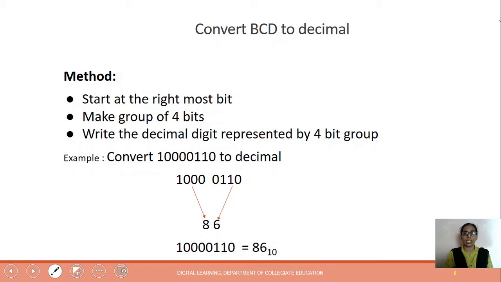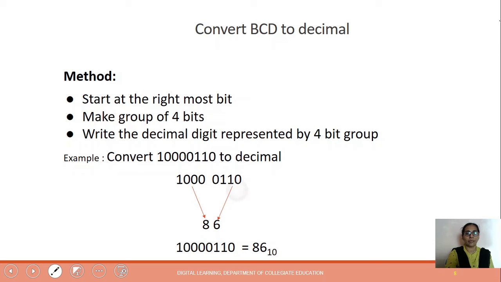For converting BCD to decimal, we have to start from the rightmost end. Make a group of 4 bits from right to left and write the decimal digit represented by each 4-bit group. For example, convert 10000110 to decimal. You start from the rightmost end, that means the least significant bit, and make a group of 4 bits like this. This is the first group, and then start from the next bit and make another group of 4 bits.